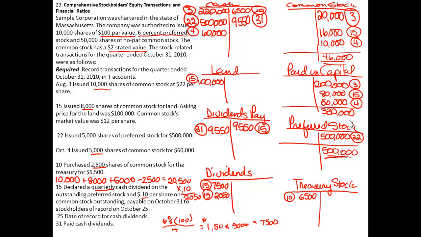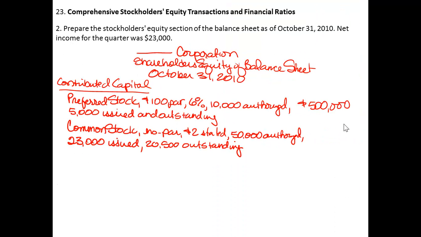So filling that in, common stock is 46,000, and paid-in capital for the common stock, you can call that paid-in capital in excess of stated value if you want, is 330.